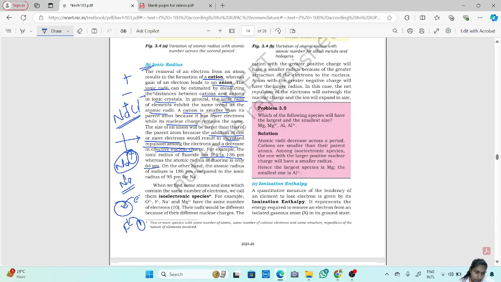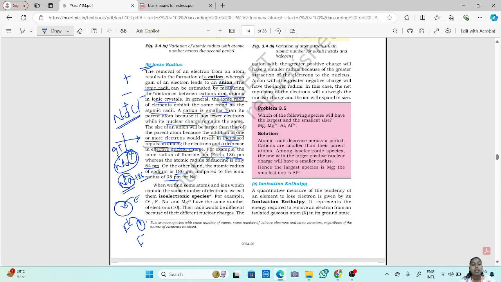When it takes one electron and becomes F minus, the radius changes to 136 picometers. On the other hand, the atomic radius of sodium is 186 picometers, but when it loses one electron, the radius of sodium becomes 95 picometers.